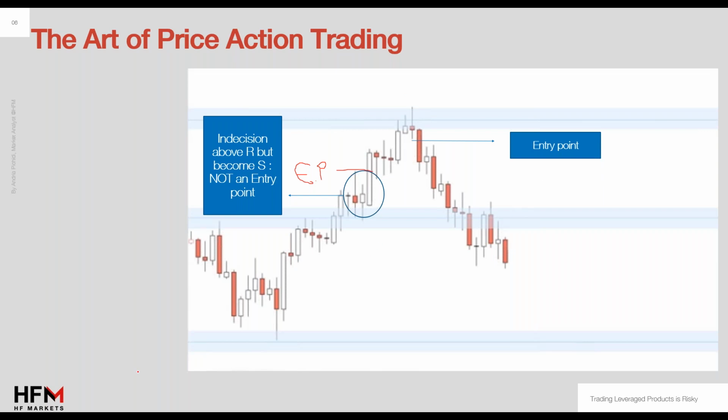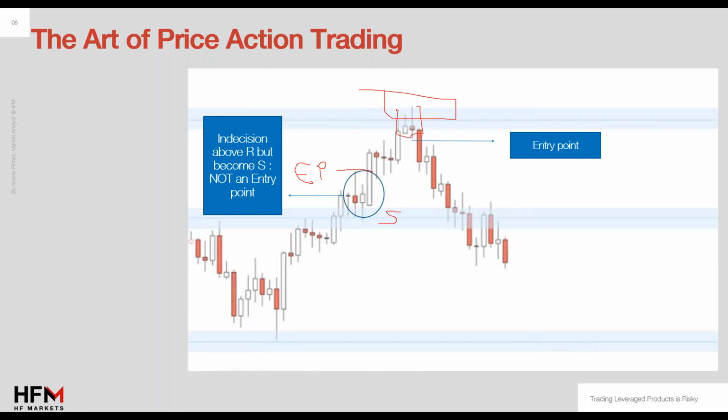Or alternatively, remain a bit patient until you identify your next resistance area, because remember, that resistance area has now turned into support, right? So we don't really have or identify the new resistance area. The new resistance area has been identified over here. Why is that? Because it peaked.